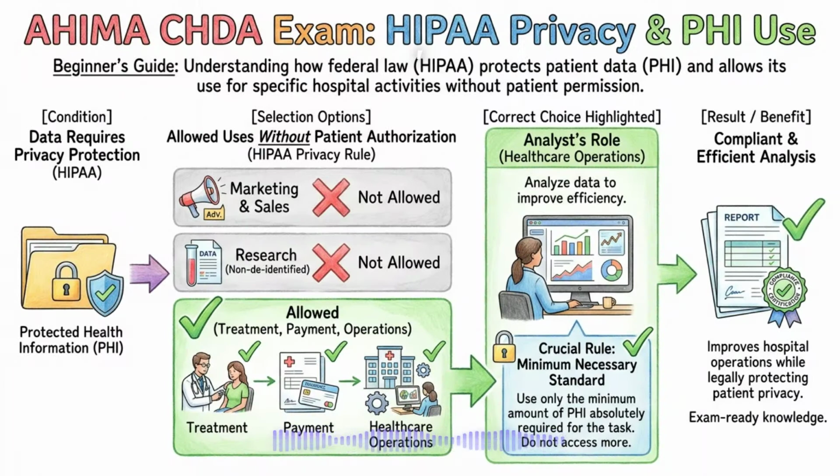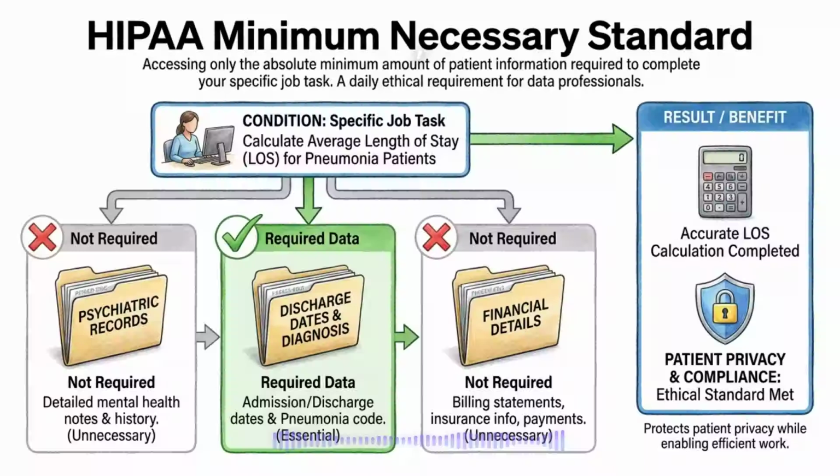The rule generally allows hospitals to share PHI without patient authorization for three specific reasons, which are treatment, payment, and healthcare operations. As an analyst, your work usually falls under healthcare operations, meaning you can analyze the data to improve hospital efficiency, provided you follow the minimum necessary standard.